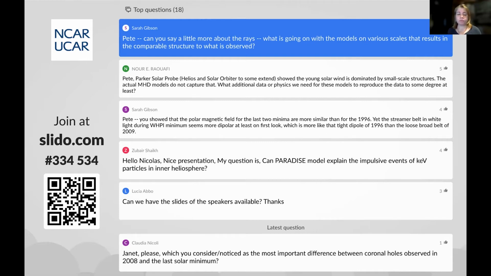Well, I was impressed with the way Janet showed the solar wind data in a context that was comparable and could be followed from cycle to cycle. And I also had a thought when Joan and Pete were talking about dipole versus non-dipole structure.